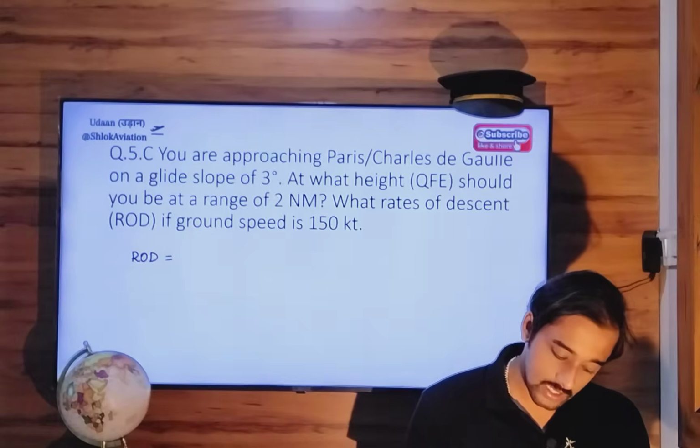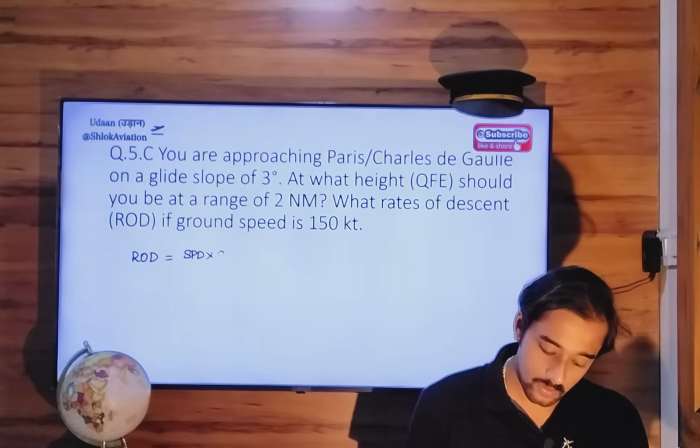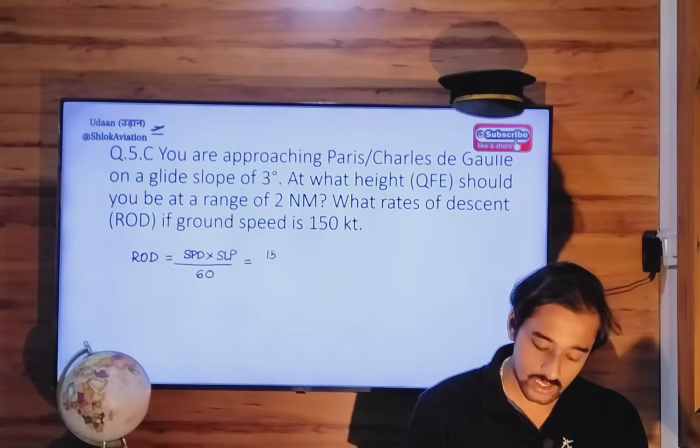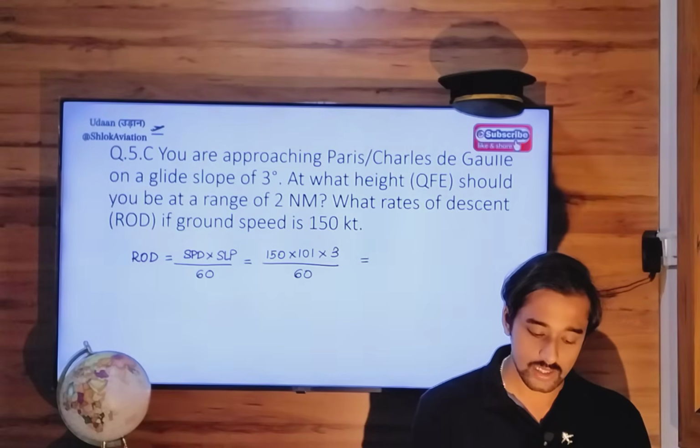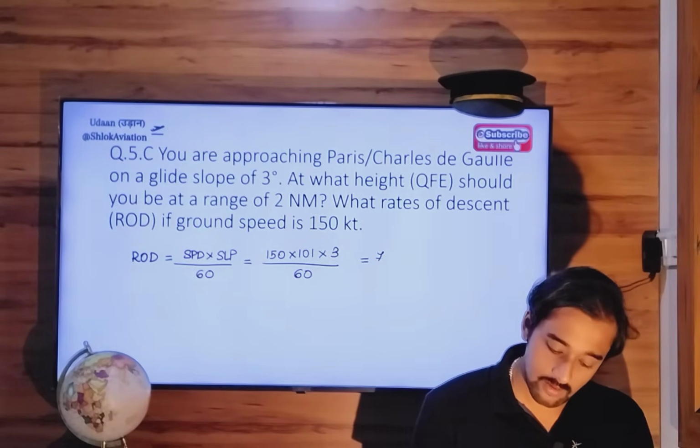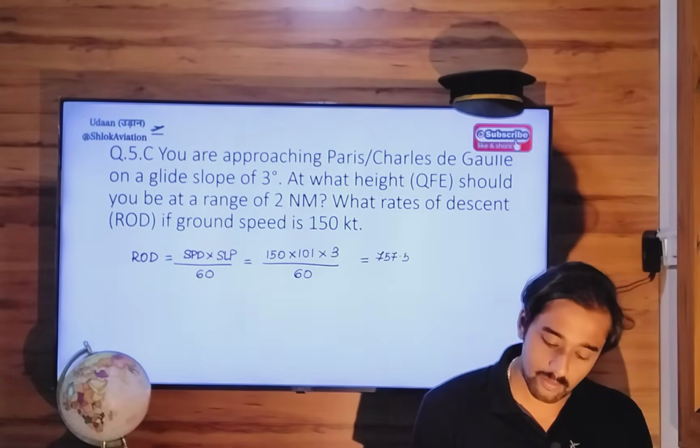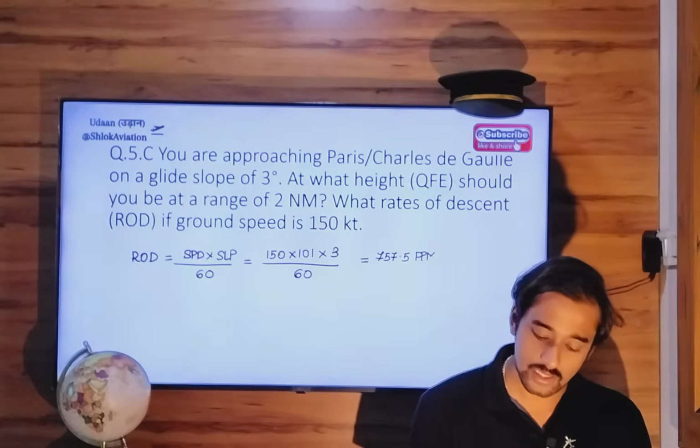Now rate of descent is speed into slope by 60. So 150 knots into 101 into 3 degrees by 60. So rate of descent is 150 into 101 into 3 divided by 60, 757.5 feet per minute, or approximately 760 feet per minute.